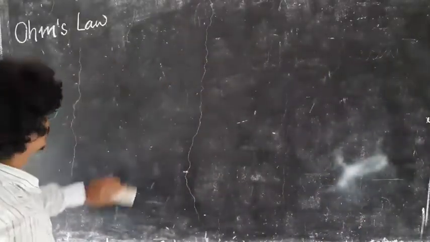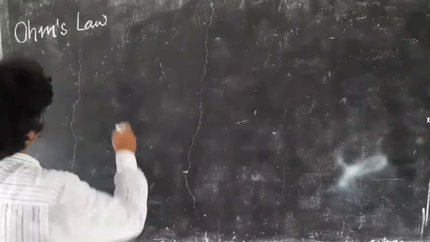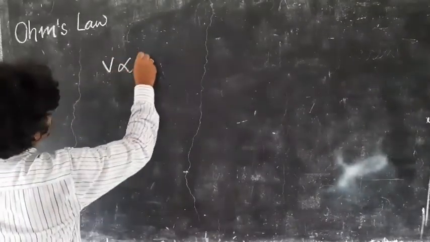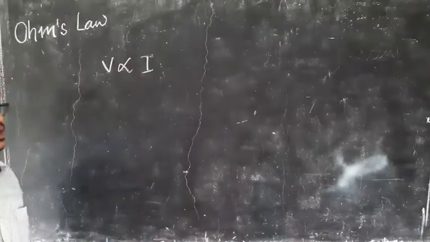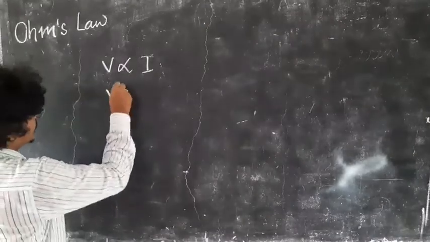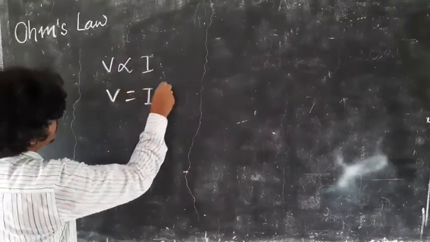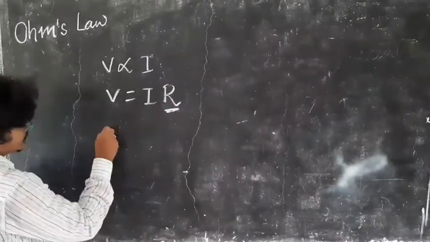So what is Ohm's law? Ohm's law states that V is directly proportional to I, where I is current and V is potential difference. So you can write V is equal to I into some constant. That constant is R here, where R is resistance.